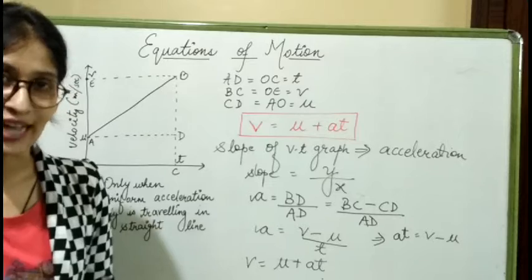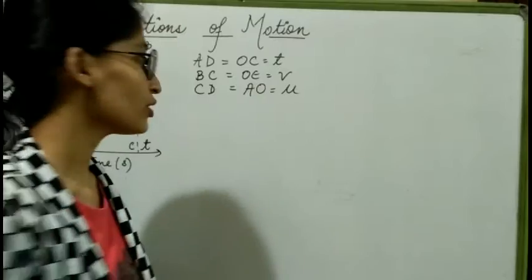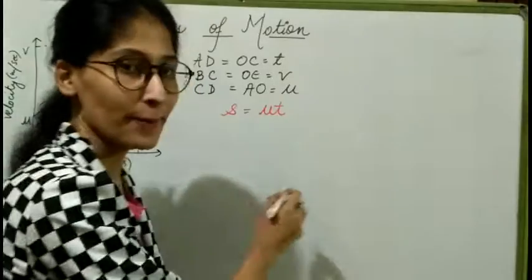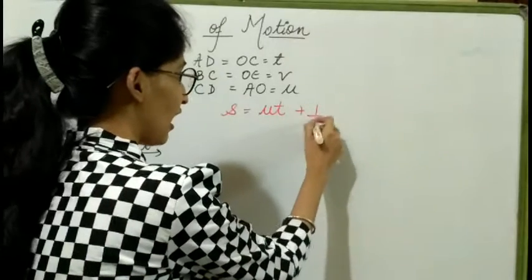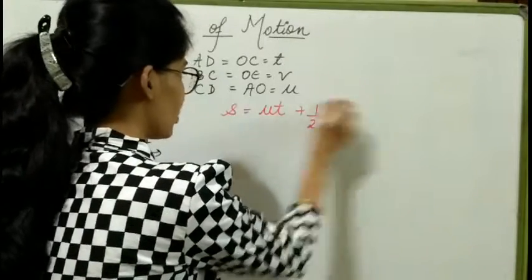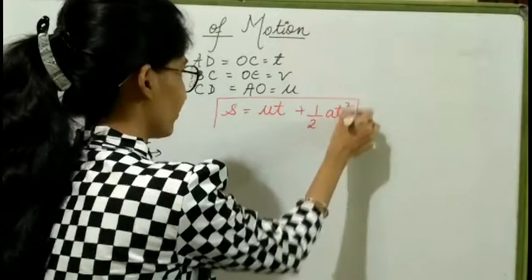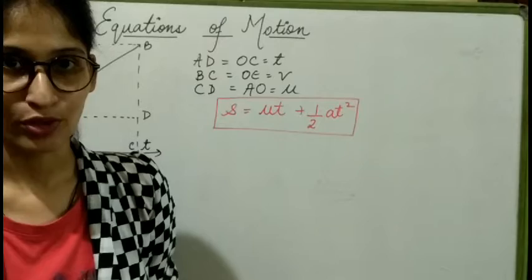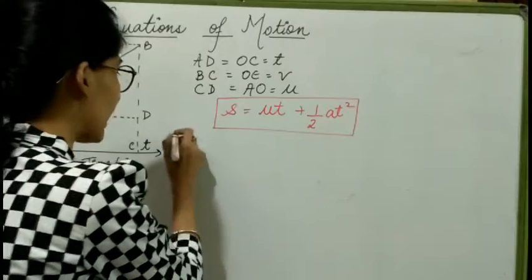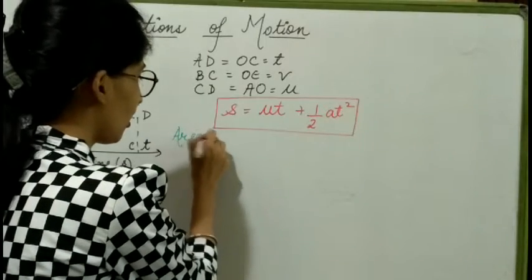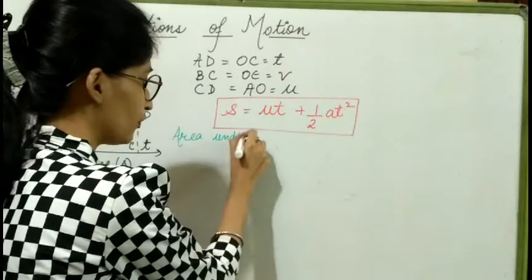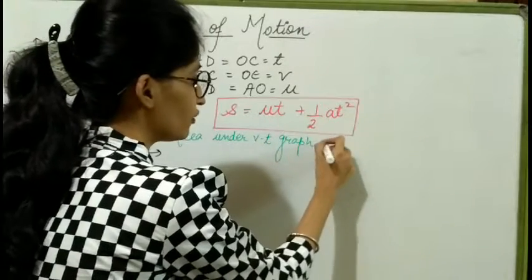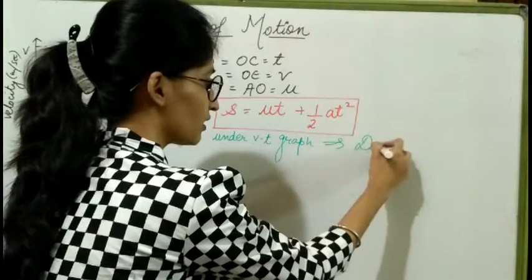Next, we are going to derive the second equation. The equation of motion is S equals UT plus half AT square. Now for the derivation of the second equation of motion, we know that the area under the VT graph will give me displacement.